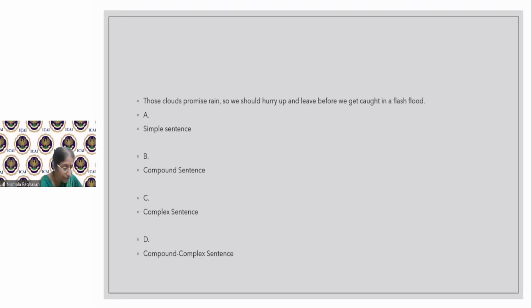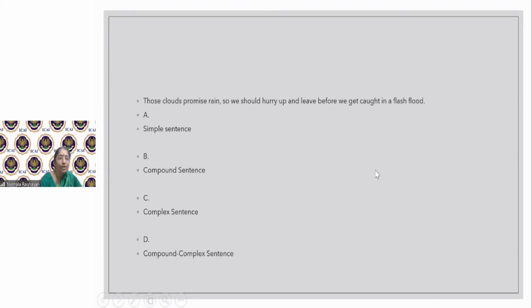We are now talking of the third one. Mansi, you're right. Super. Mansi, then Sahil, Vidipta. You're all right. But others are all wrong. Yeah. So the answer here is compound complex.